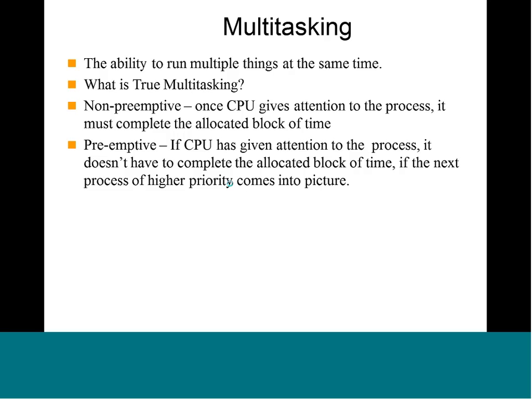Preemptive, if the CPU has given attention to the process, it doesn't have to complete, because if a thread of higher priority comes along, it will yield to that. So the general idea with preemptive is creation of a safe execution environment for running threads and processes.